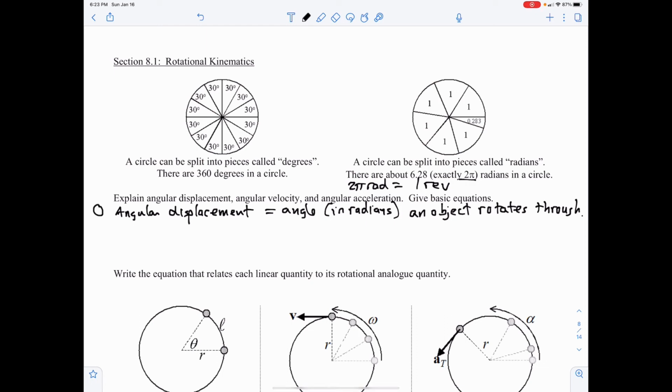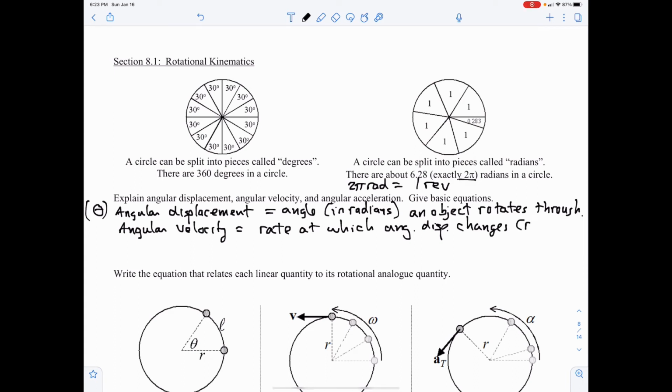The variable for that is theta. Angular velocity is the rate at which angular displacement changes.